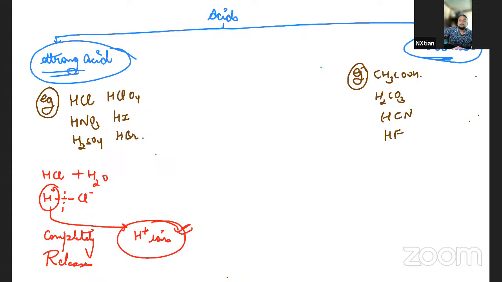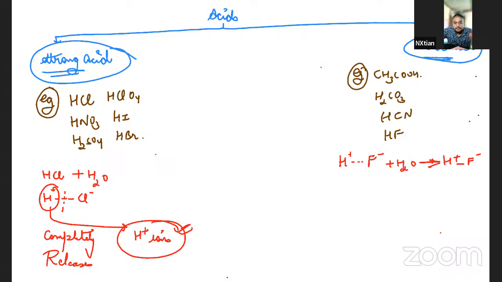So these are called the weak acids. Why weak acid? Everyone please pay attention. Because when they release H plus and F minus, what will happen? They do not completely dissociate.